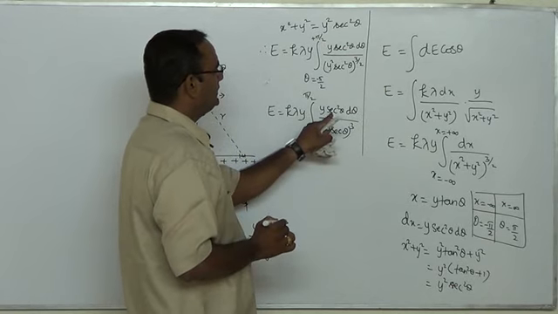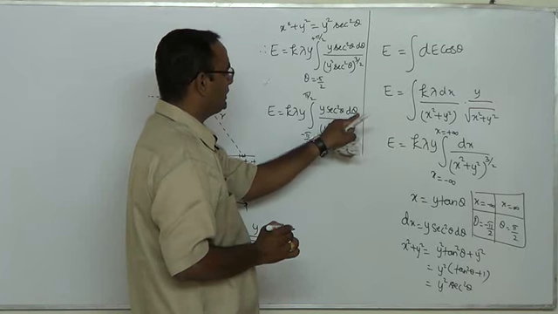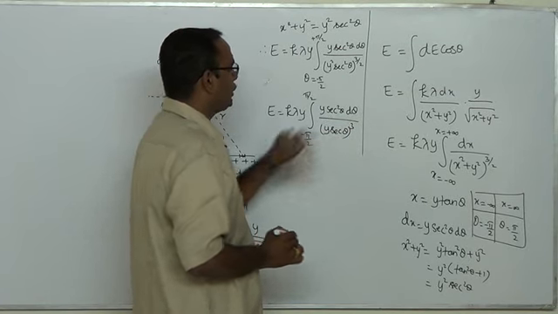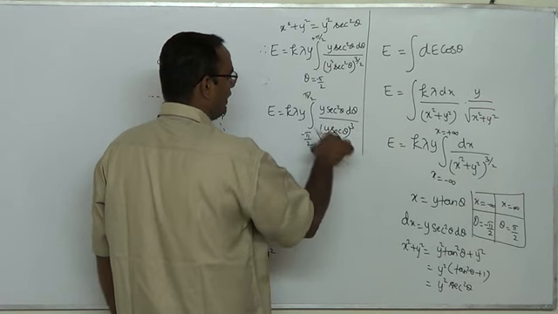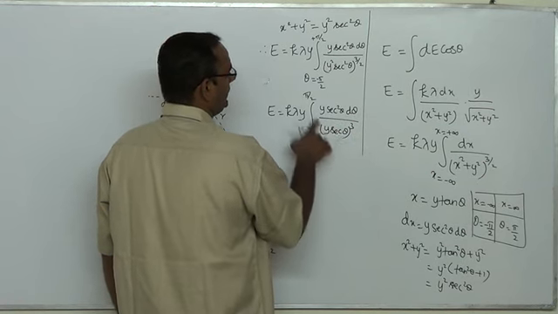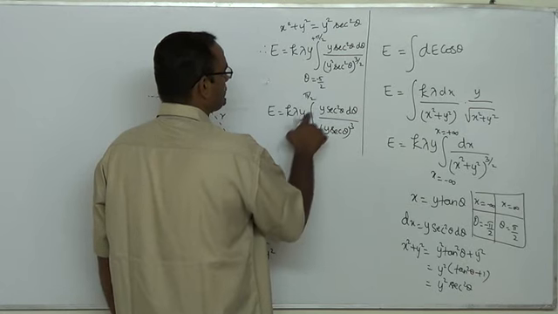Now we have y secant square theta d theta divided by y secant theta the whole cube. This secant square and secant will get cancelled out. We will have 1 secant theta in the denominator. This y and this y, put together, is y square.